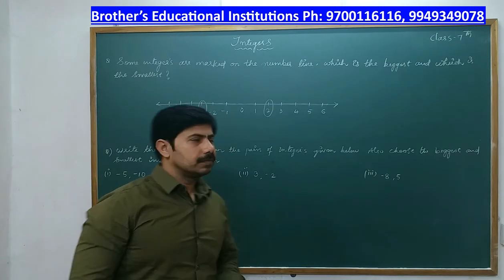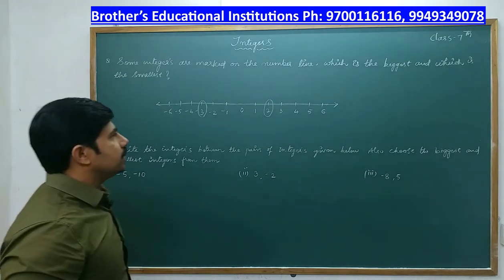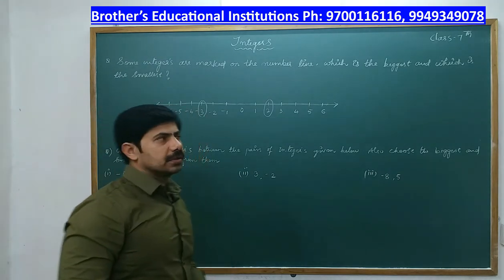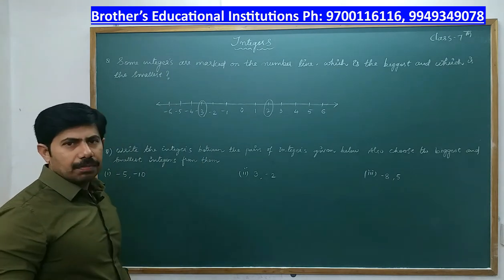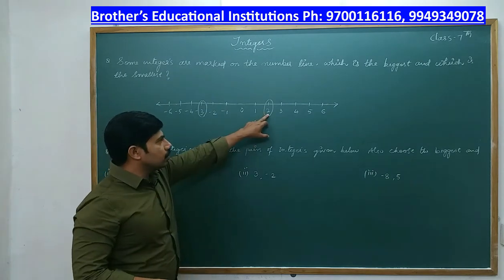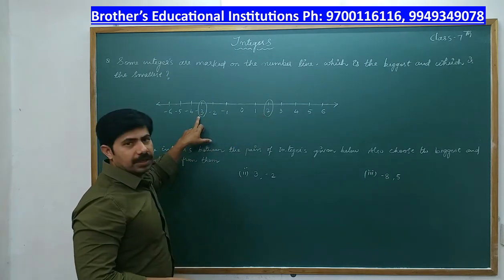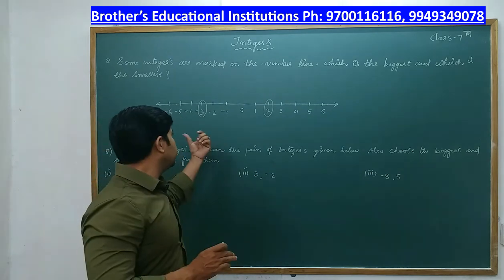First problem. Some integers are marked on the number line, which is the biggest and which is the smallest? Generally the biggest integers are positive. So when you have two integers, one is 2, the other one is -3. Generally the positive one will be the biggest and the negative one will be the smallest.